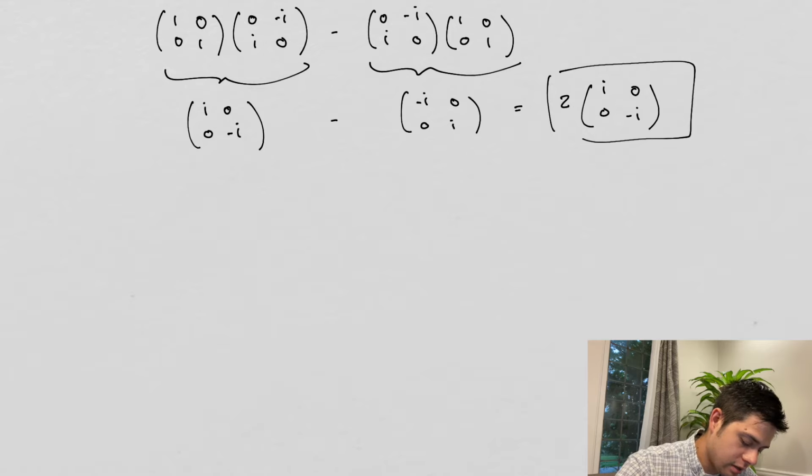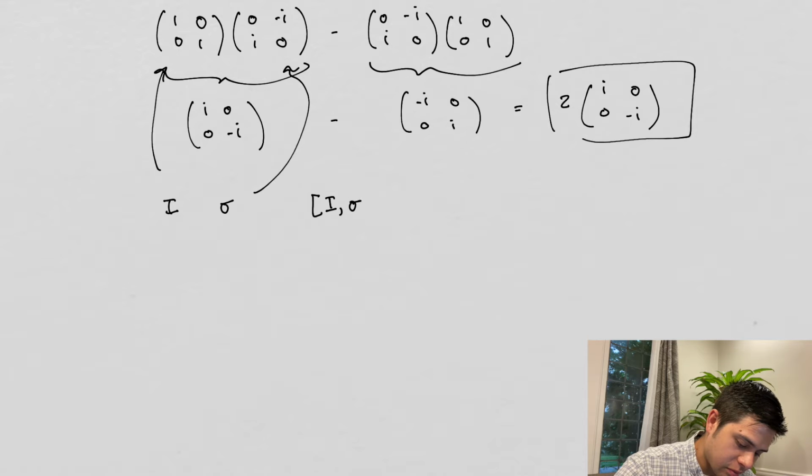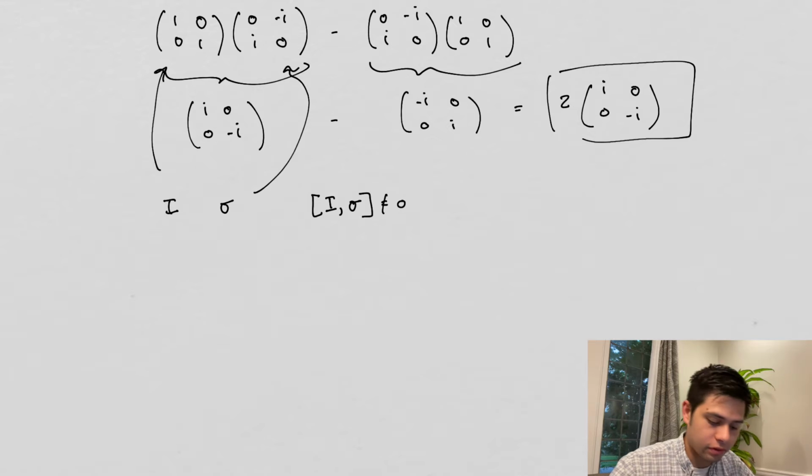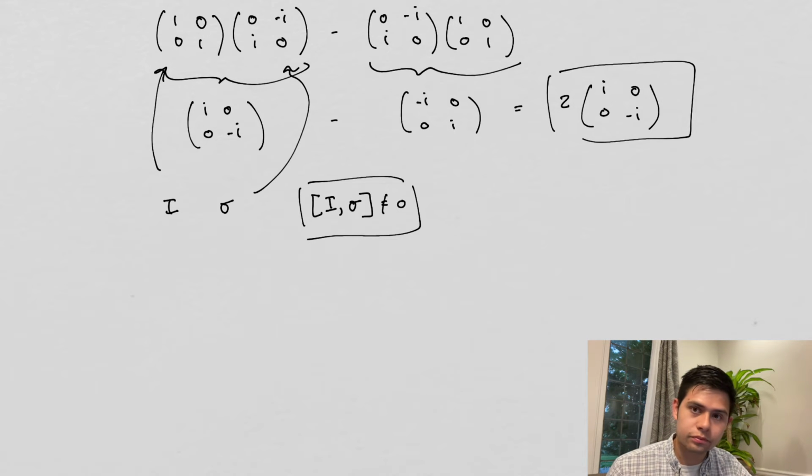Say we have matrix I, which is this one right here, and matrix sigma, which is this one right here. If we do the commutator of I and sigma, that does not equal 0. This is a non-commutation relationship, okay?